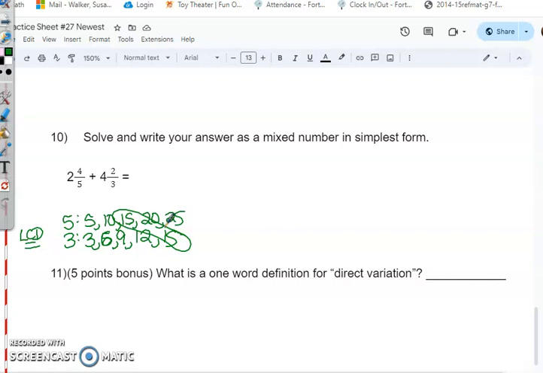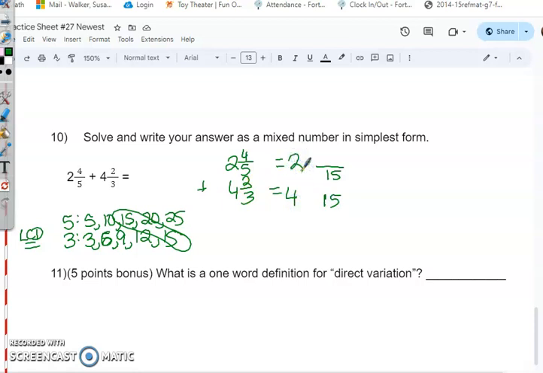Okay? Now, there's different ways of doing this. I'm going to write it vertically. I don't always do that, but that's what I'm going to do this time. Okay? I'm going to put that 15 on bottom of both fractions. I'm also going to go in and put the whole number. Okay?